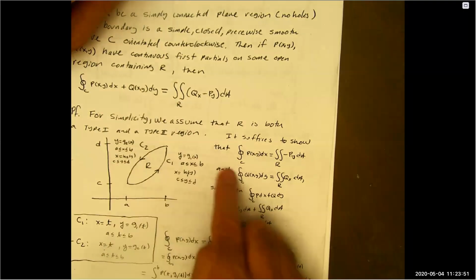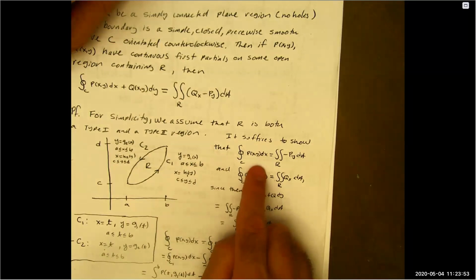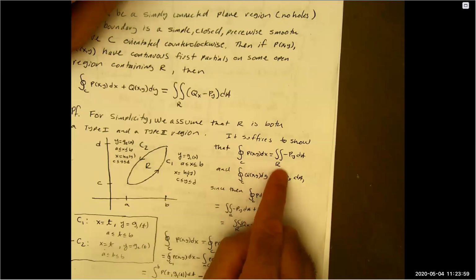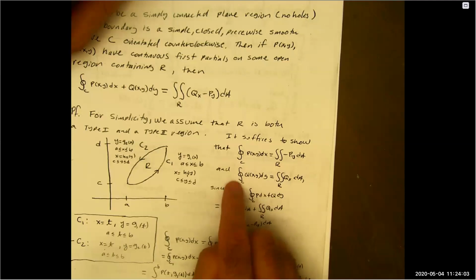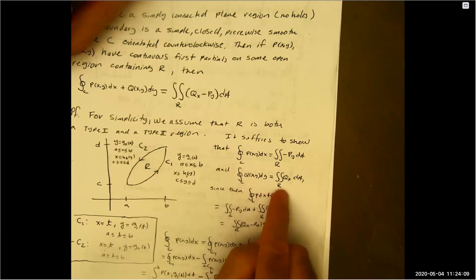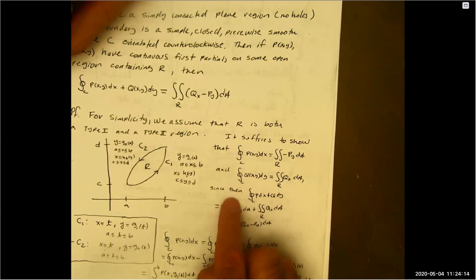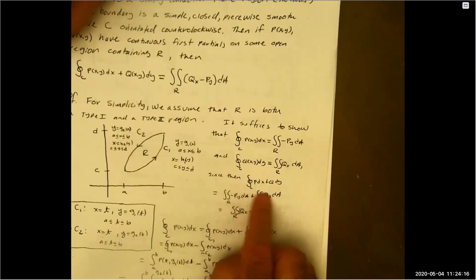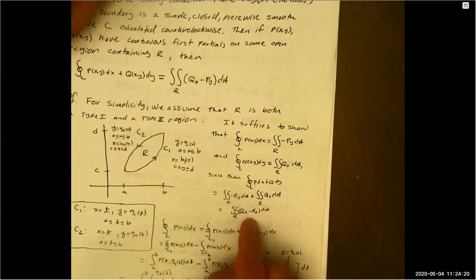If we can show that the line integral over C of just P is equal to this double integral of negative Py dA, and also that the line integral over C of Q of x,y dy is equal to this double integral of Qx, then it follows that the sum will be equal to the sum of these, which is what we're looking for here.